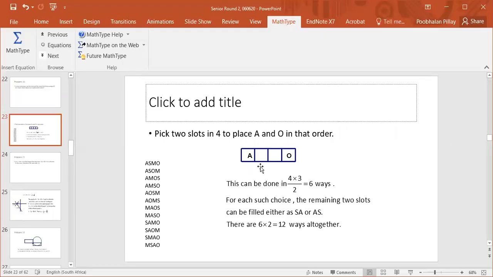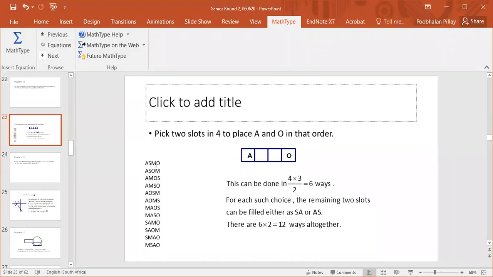Okay. Now, we are looking at the number of ways in which you can arrange a 4-letter word, SAMO, right? You are going to get different arrangements, as you can see here.